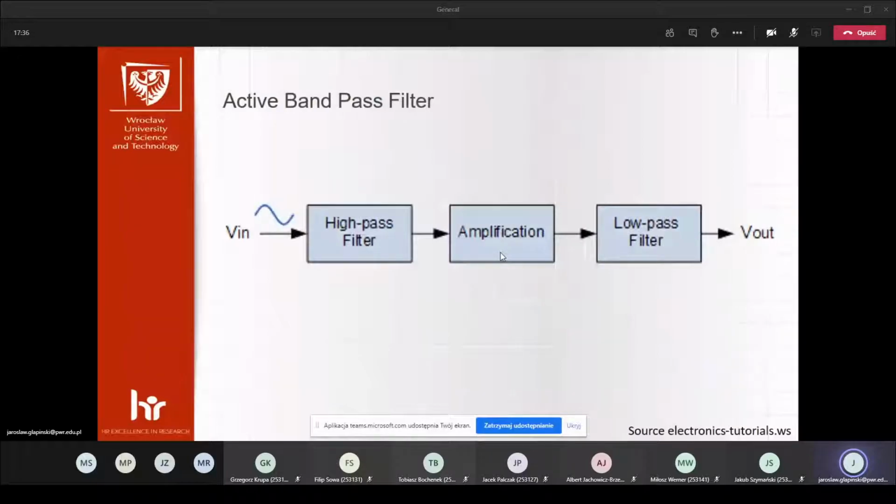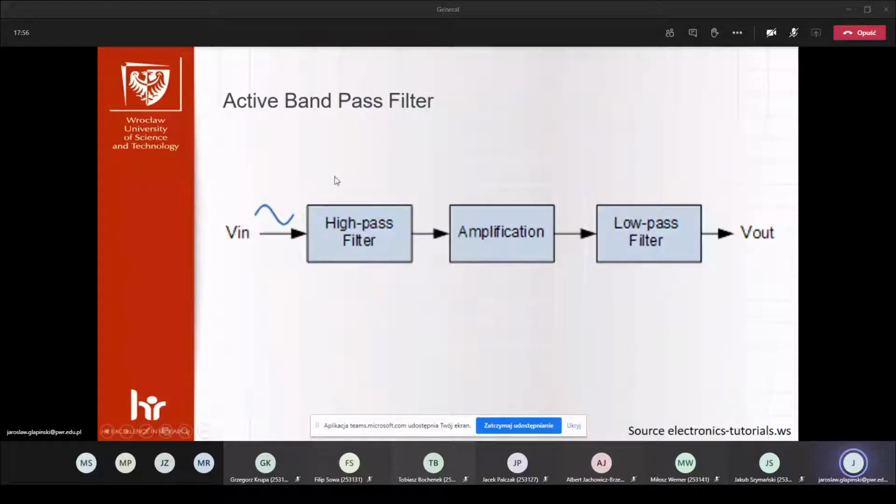Of course, we can design some active filters, because when we use an operational amplifier, we say we design active filters, and we can also design a band pass filter.